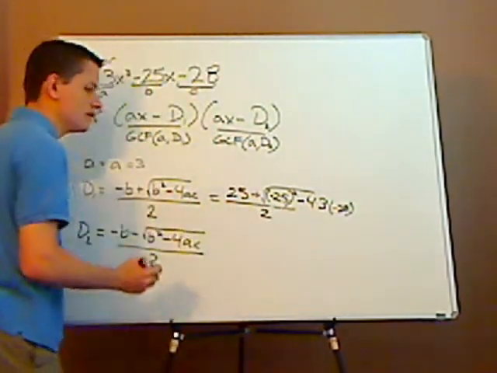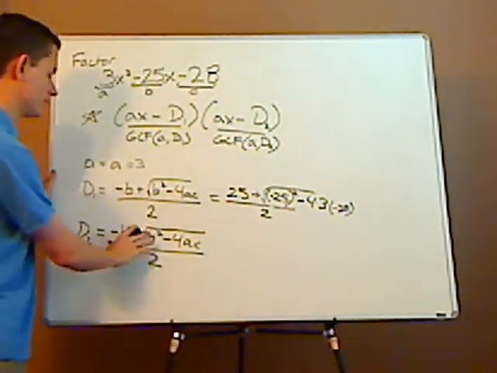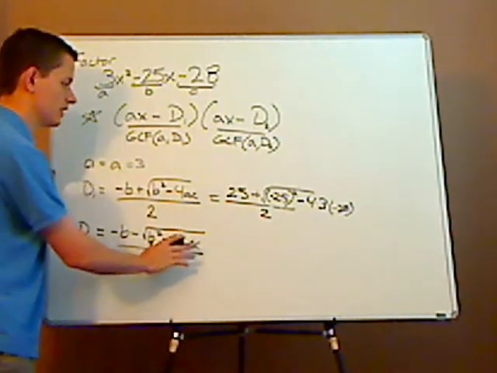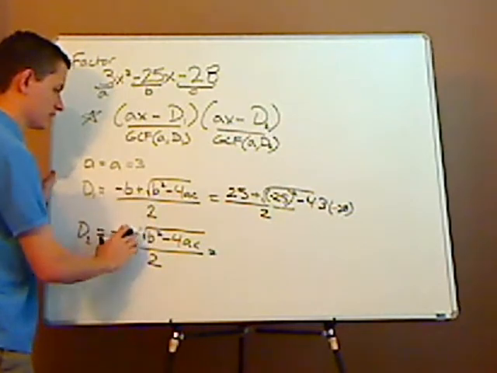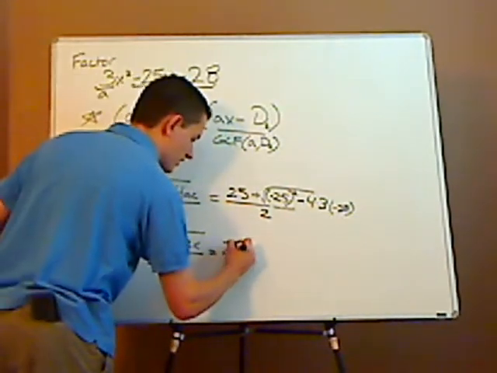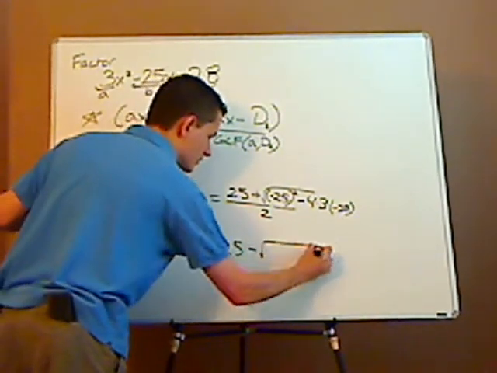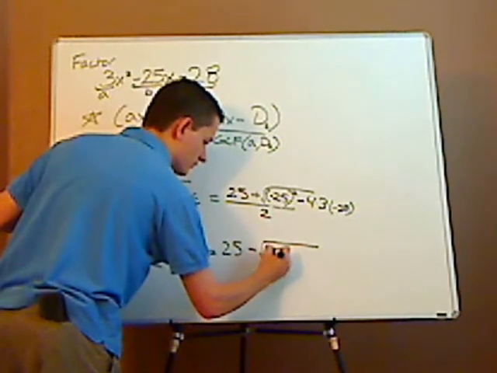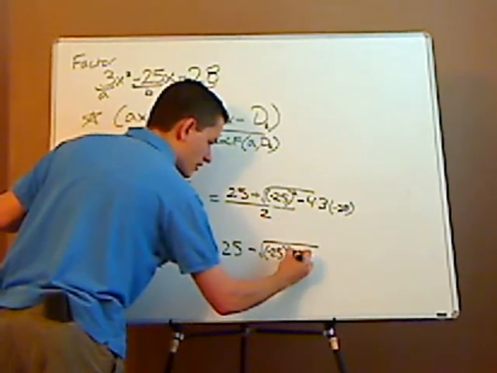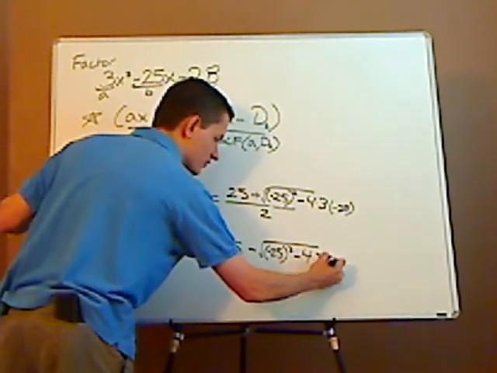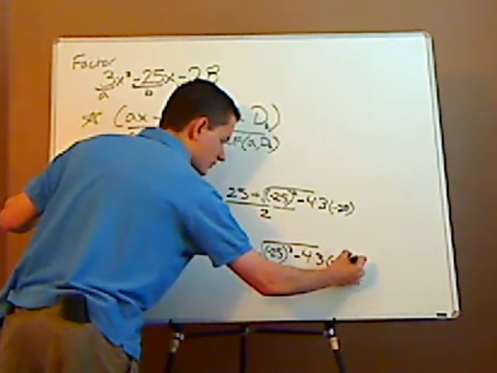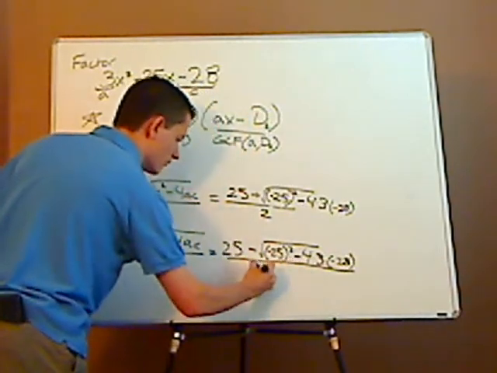All over 2. Now, very similar to what's here, the only difference is the plus and the minus. So this is 25 minus the square root of negative 25 squared minus 4 times your a, which is 3, and your c, which is negative 28. All over 2.